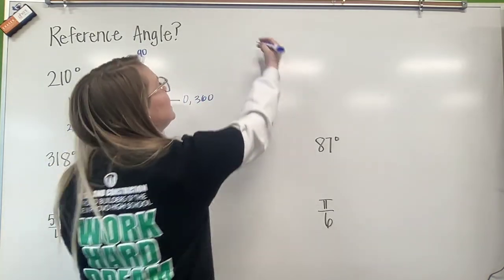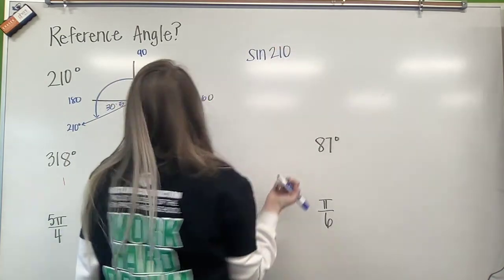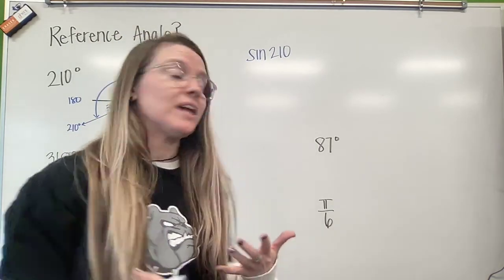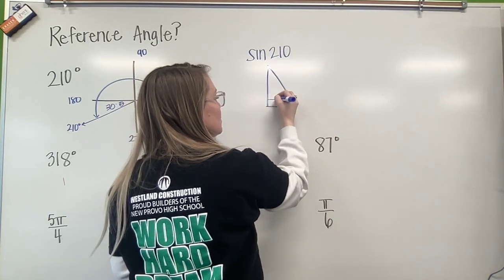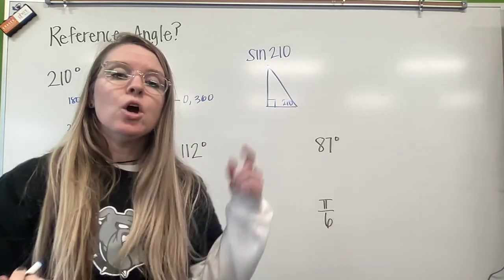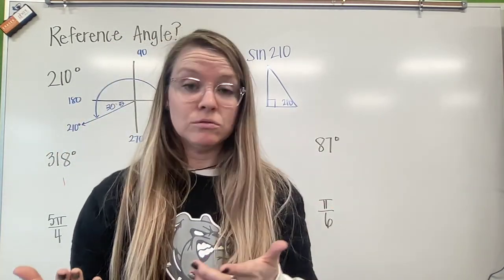For example, if I were to ask you to find the sine of 210 degrees, so far the only way we know how to do that is with our right triangles. So we got a right triangle, my angle is 210 degrees. We can build our opposite and adjacent to find our sine, right?